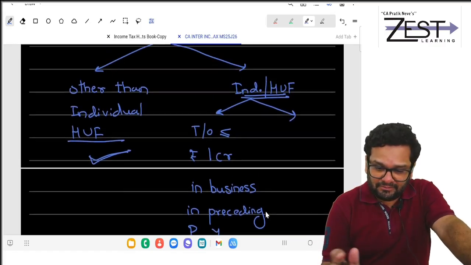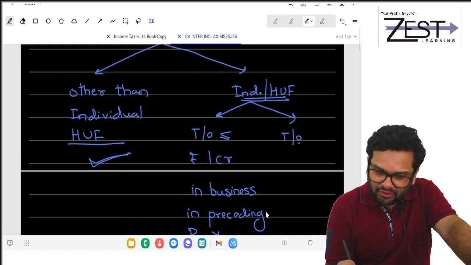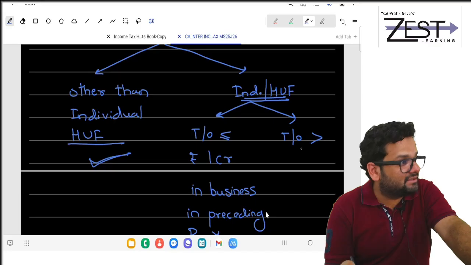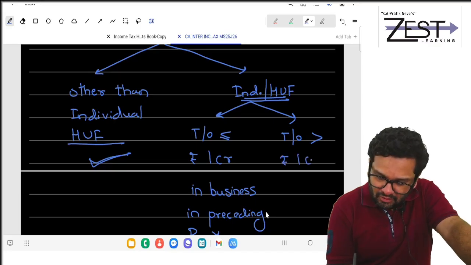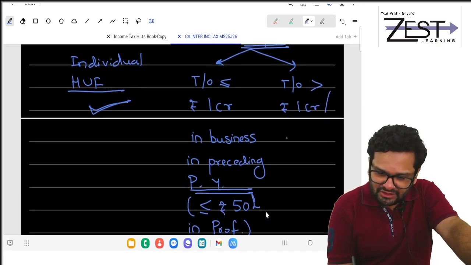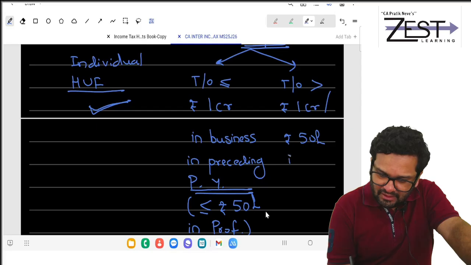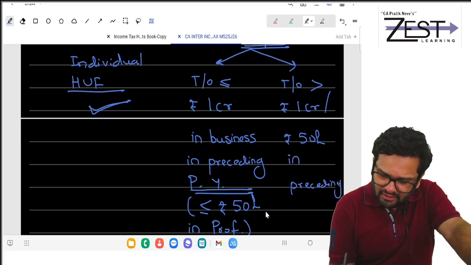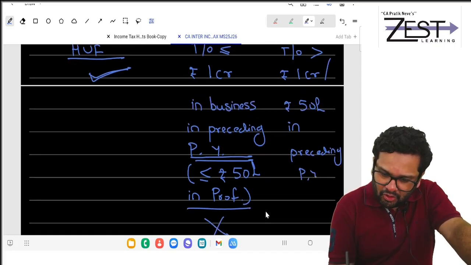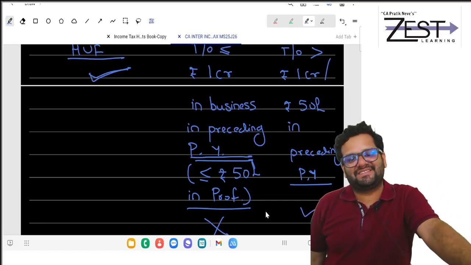But if turnover exceeds rupees 1 CR or rupees 50 lakhs in the preceding PY, then do TDS.